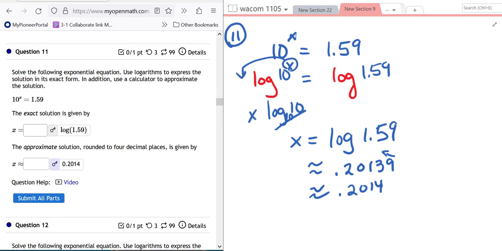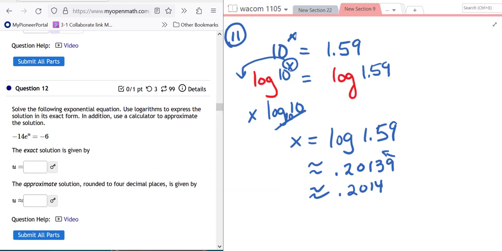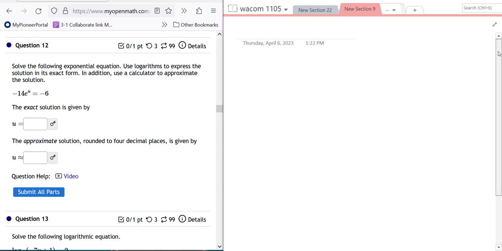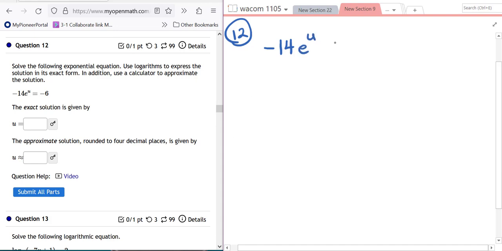Right, I did pick 12. It has one extra piece on it that you need to deal with first. So we have negative 14 e to the u equals negative 6.